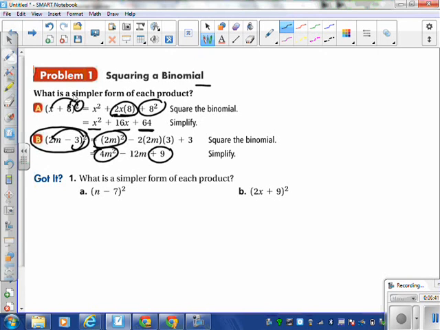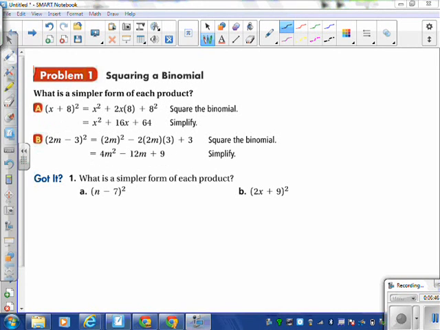And what did we do to get this number in the middle? That's right, we take this 2 and put it with both of those numbers. So we have 2 times 2m times 3. This minus sign going in front of those numbers.